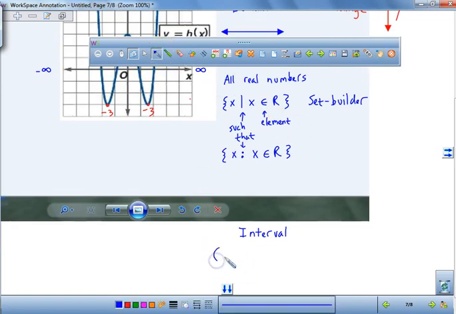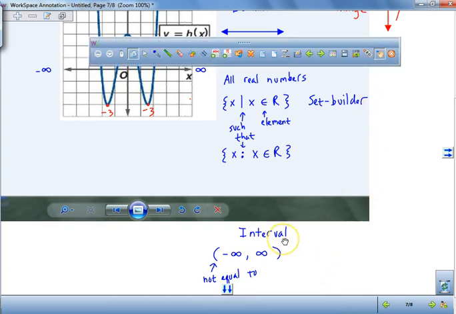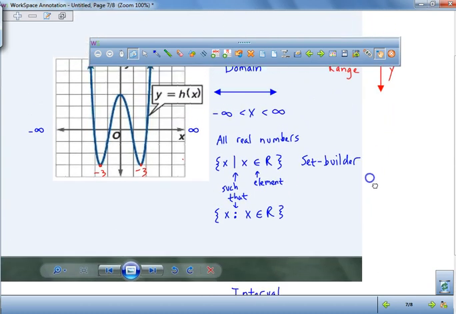We said it was from -infinity to positive infinity. We use a couple of soft brackets. Just remember, these soft brackets mean not equal to. So these are totally not equal to -infinity to positive infinity. But that would be your answer for your domain in interval notation.